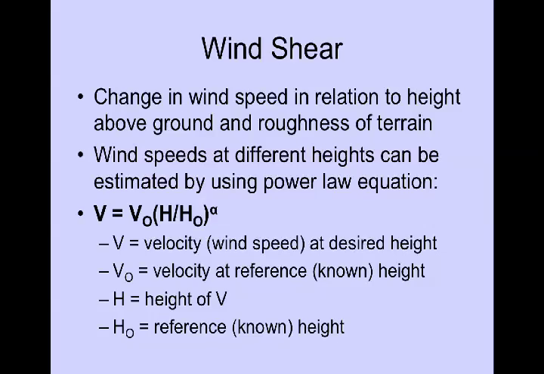Again, that would be that 30-foot tower. So I'm going to take that quotient and raise it to the power of the wind shear, and that's going to give us what my new velocity will be. All right. So if I know the height and the speed at one level, I can then extrapolate what it's going to be at another level. There's a good example of that in the book.